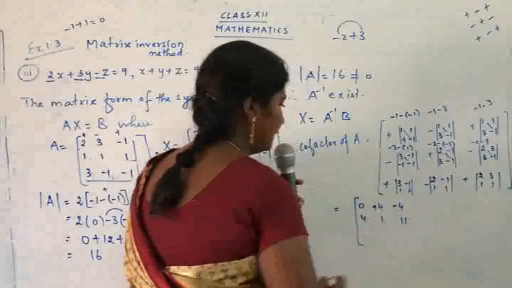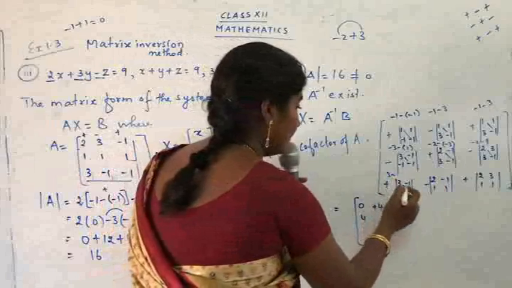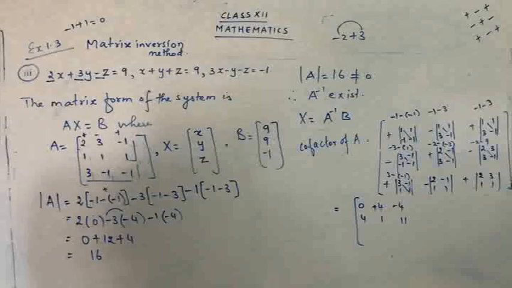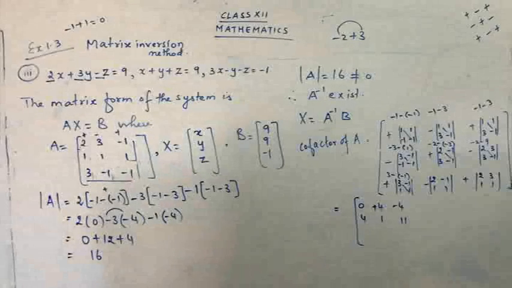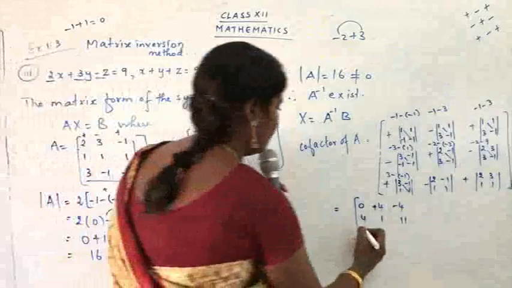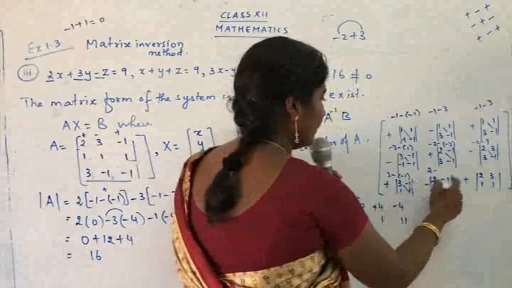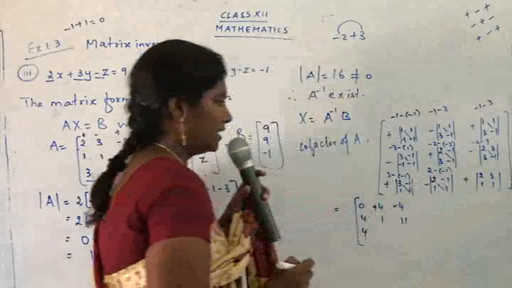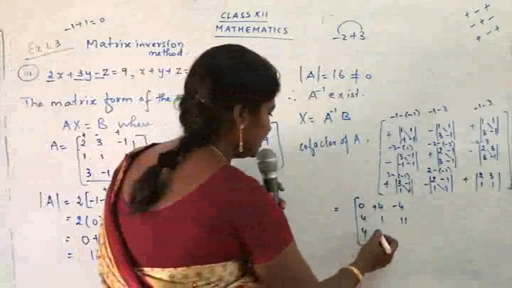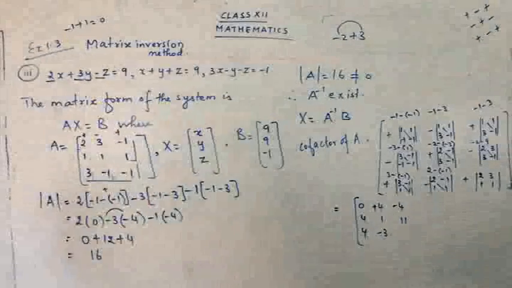So it is plus 11. 3 ones are 3, main sign minus, 1 into minus 1, minus 1. So 3 plus 1, 4. 2 ones are 2, main sign minus, 1 into minus 1, minus 1. So 2 plus 1, 3, main sign minus, so minus 3. So 4 minus 3.